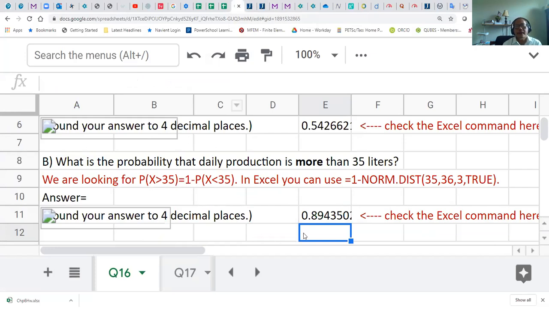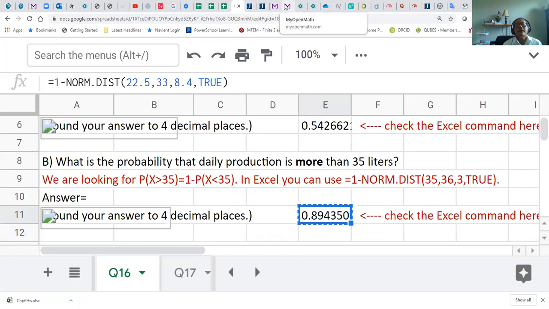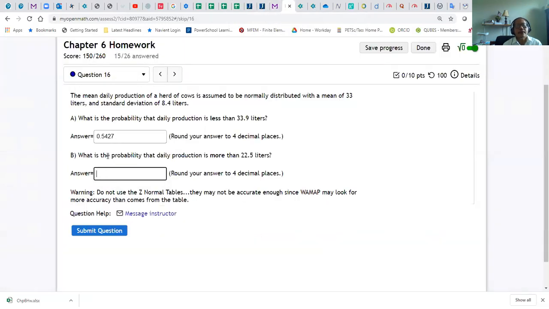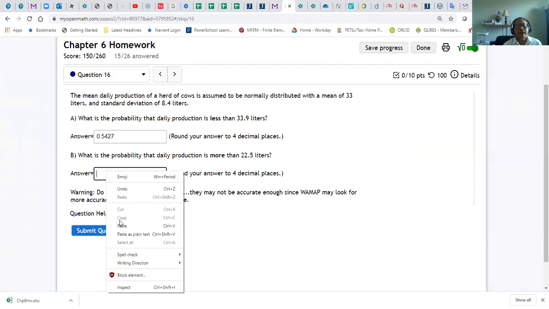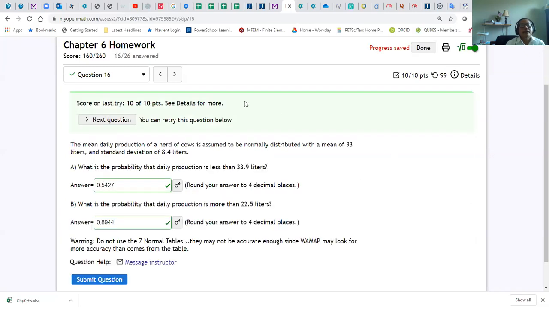So this will be the answer for the second question. Again, you need to round to 4 decimal places. So this is number 16.